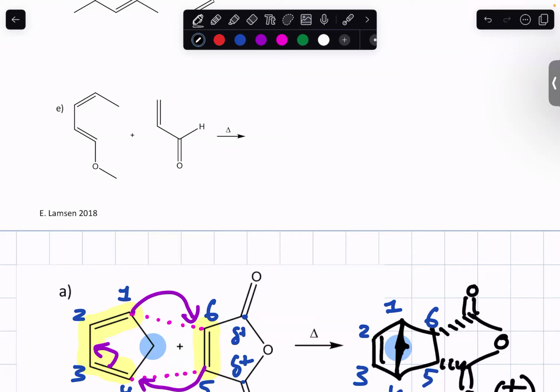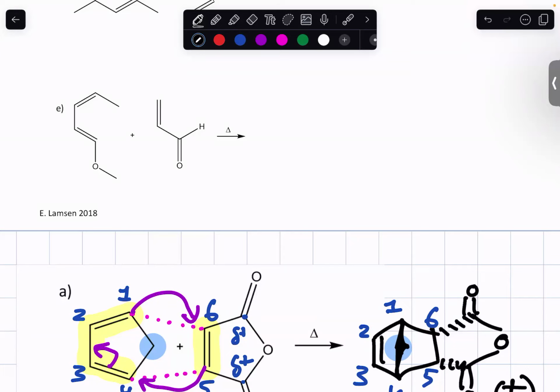And after that, I will give you guys challenging Diels-Alder problems where it's not easy to find where the diene is, like how it was in this example, and where the dienophile is, where we have to rotate the bonds. Because we know in Diels-Alder, we want the diene to be in the s-cis configuration, but sometimes in the problem, they give it to you in the s-trans configuration, which would not react.